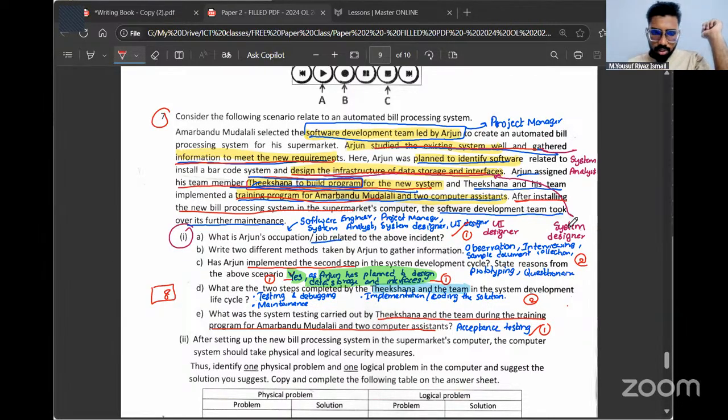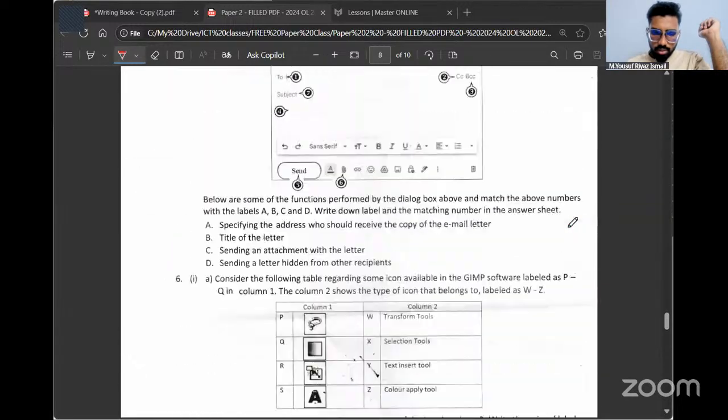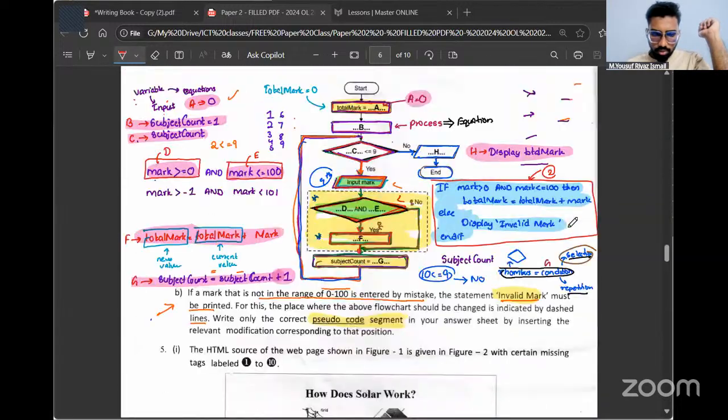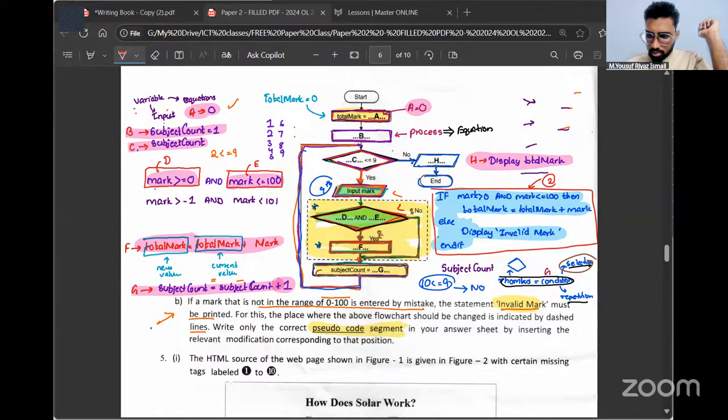The first question we did was this. For any clarification, WhatsApp this number. Anyone have any questions?